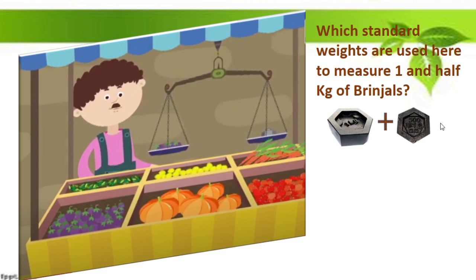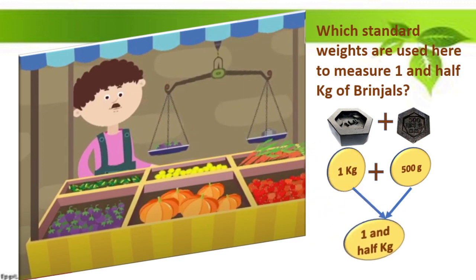Isn't it? 500 gram is nothing but half of 1 kg. That is 1 kg and half kg. Right? This is 1 kg. This is half kg, that is 500 gram. So together they make 1500 gram. That is nothing but 1.5 kg. Right?